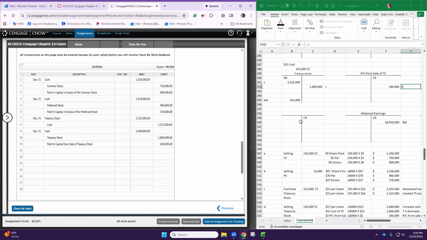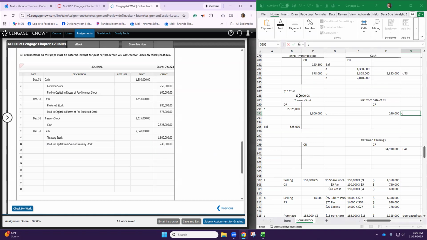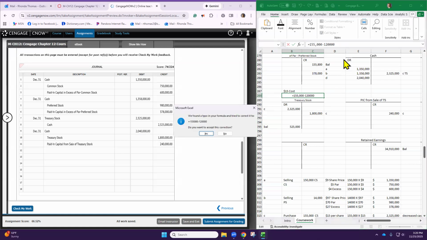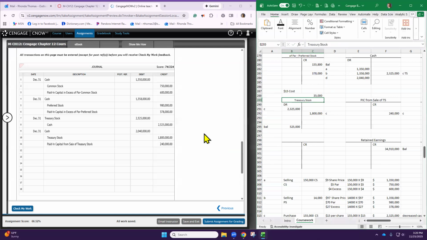All right, so now we had 155,000 shares, right? And we just sold 120,000. So I am going to put here equals 155,000 minus 120,000. I'm gonna get rid of the CS. So here's how many we have remaining. 35,000 shares.